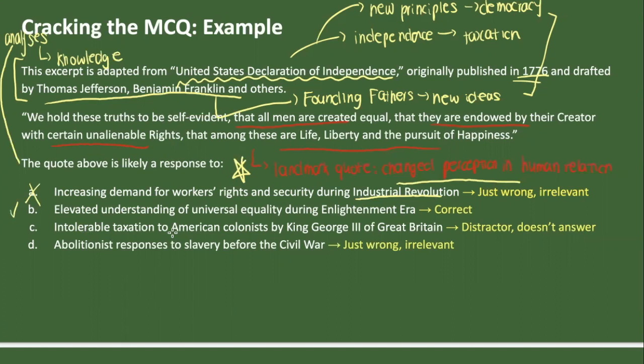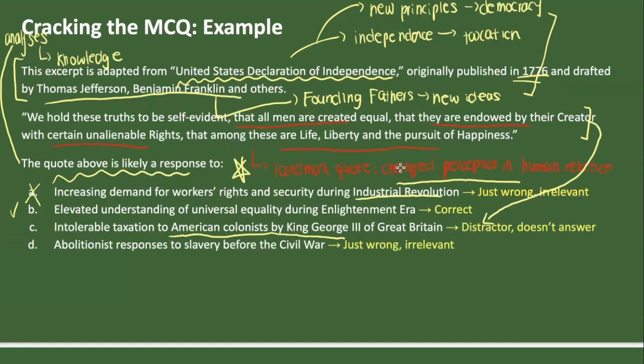C, intolerable taxation to American colonists by King George III of Great Britain. All right, so this also sounds very luring. It sounds very correct. And the question asked, the quote above is a likely response to. Was this quote itself a direct response to the intolerable taxation?